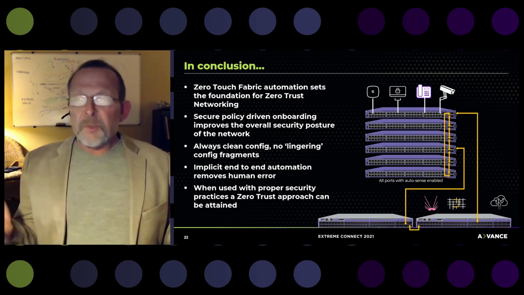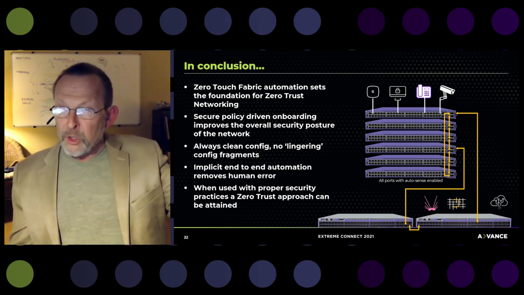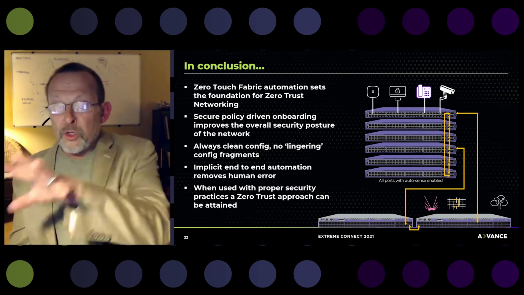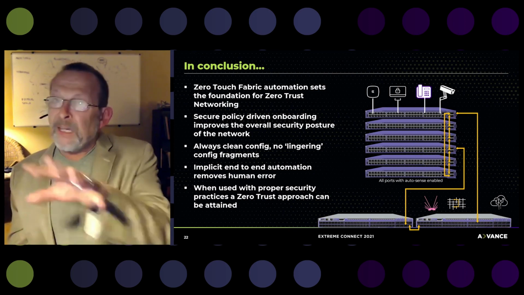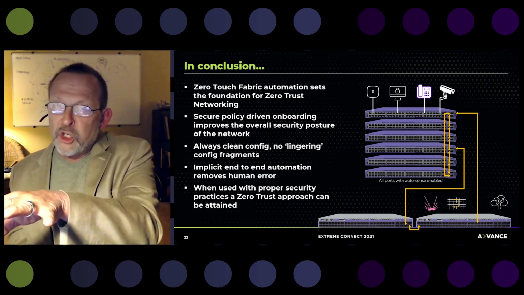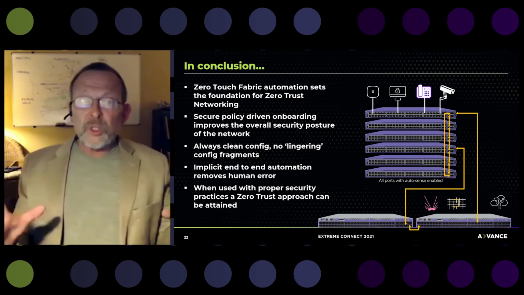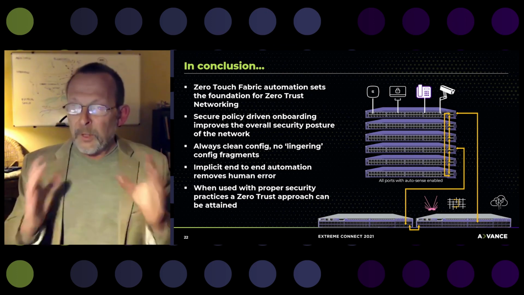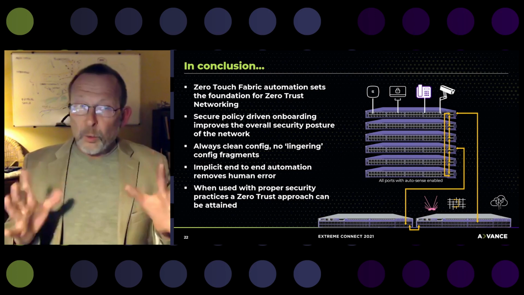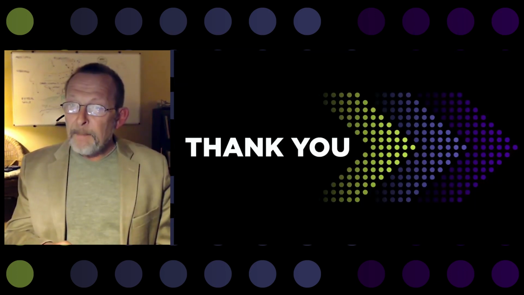So when used with proper security practices, which we outlined in the earlier portion of this presentation, and also outlined in the ebook resource that we provided, and we also made last year's video presentation on this subject available to you as well, you can attain the best practices for a zero trust approach, and zero trust networking can be attained.